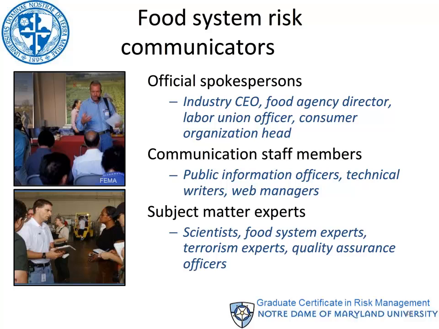They participate in press conferences, they prepare statements, address the public in meetings, they are consumer service reps, and so on. These persons should be trained in risk communication as part of an organization's preparedness planning. So in a similar fashion, think about your own industry and who all the different risk communicators are and who all the people are who need risk communication training.